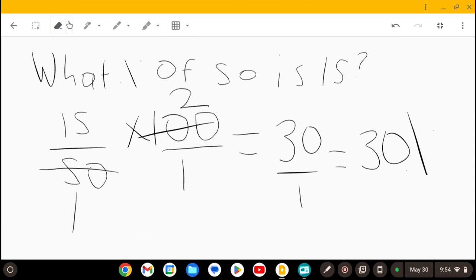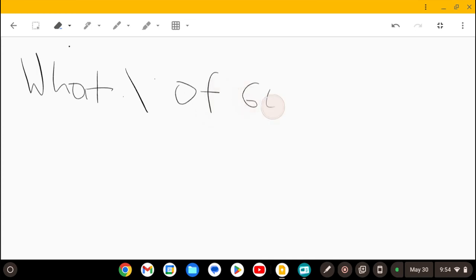So let's look at our next example, right? What if it was: what percent of 60 is 12? So again, the percent is missing, right?